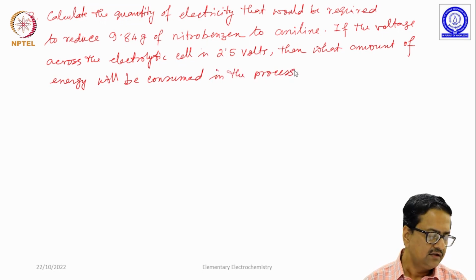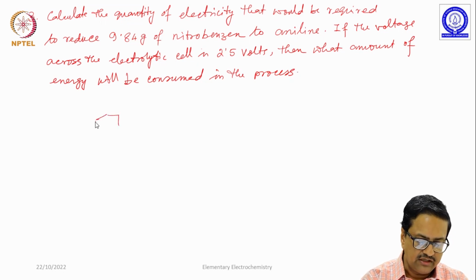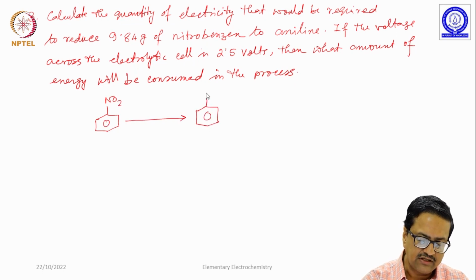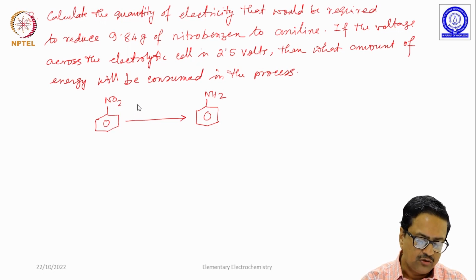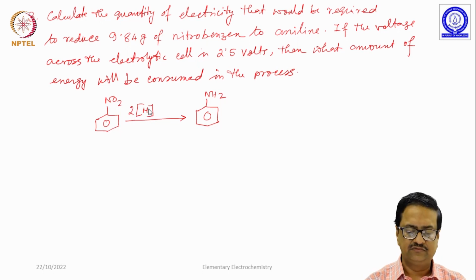Just one hint on how one should think about this. You are doing a reduction of nitrobenzene to aniline through an electrochemical process, where to do this reduction you will need 2 units of hydrogen atoms.